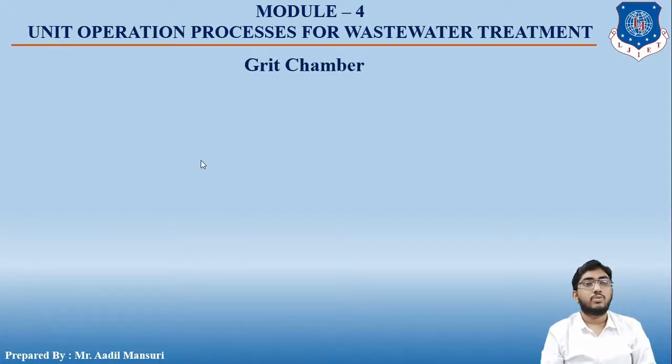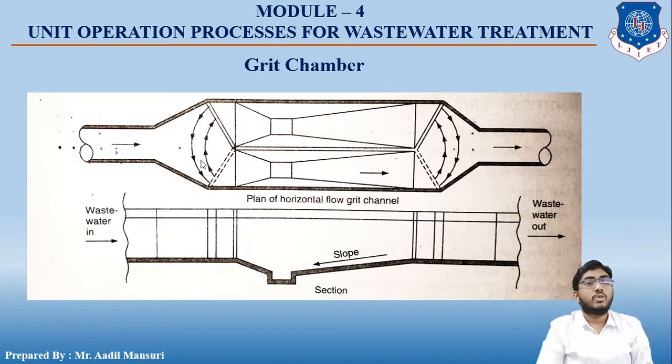Okay, so this is the picture of a grit chamber. As we all know, certain particles such as sand, ash, cinder, eggshells, etc., which are of the size less than 0.2 mm are considered as grit.